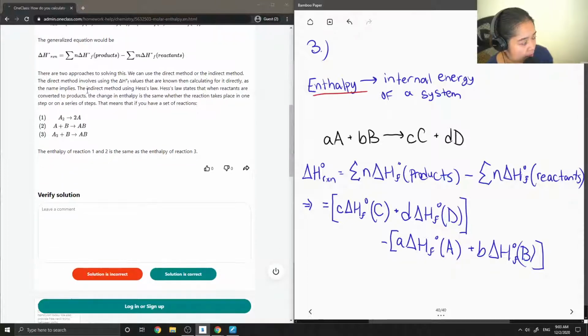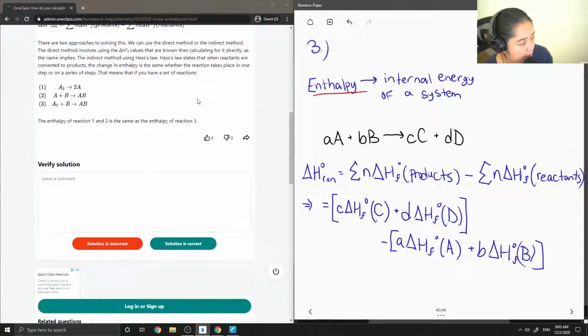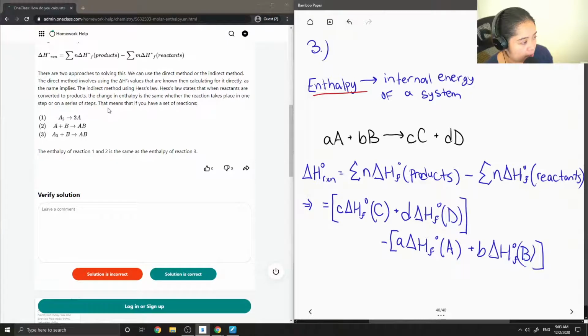They also mentioned the indirect method using Hess's law. Hess's law states that when reactants are converted to products, the change in enthalpy is the same whether the reaction takes place in one step or in a series of steps. This means that if you have a set of reactions, so here they show how one would form a compound AB just by given A2 plus B. So they break it up into different steps.